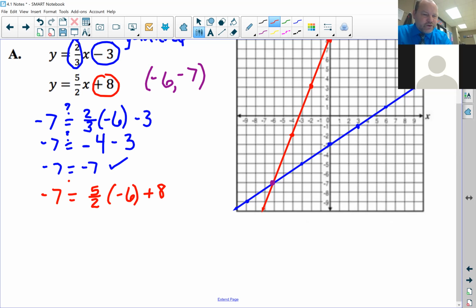And question mark over the equal sign because I'm not sure if they're equal or not. All right. So similar process here. I'm going to take 5 times -6. And what is 5 times -6?